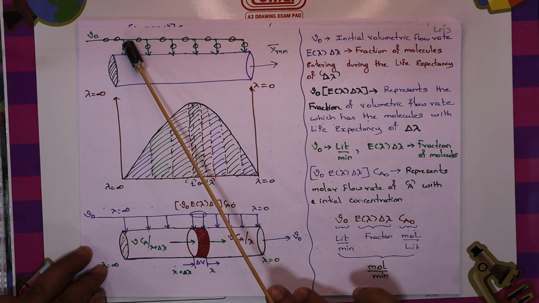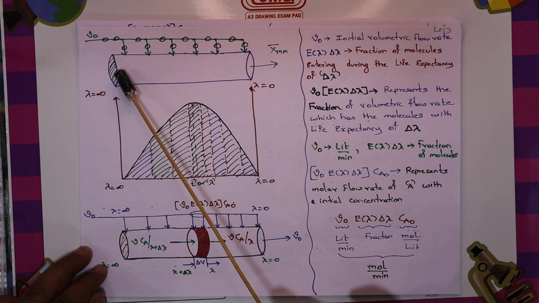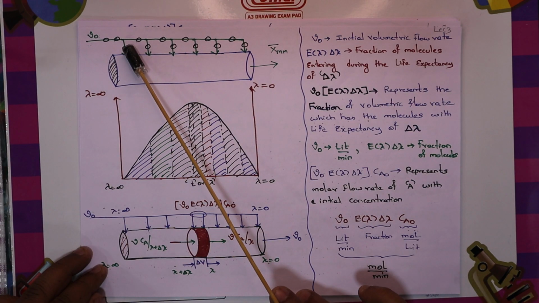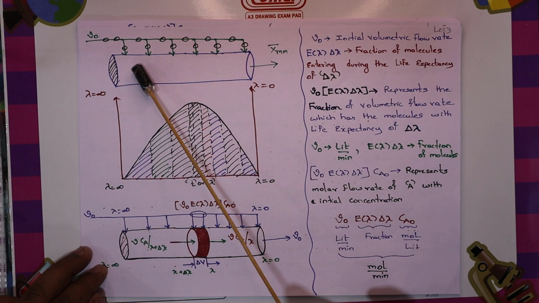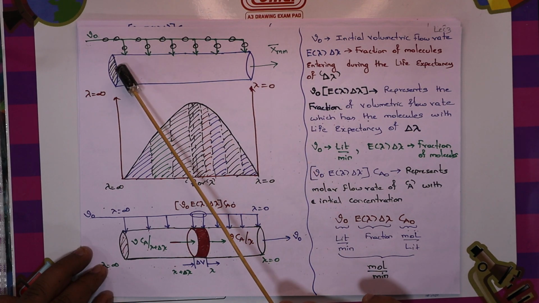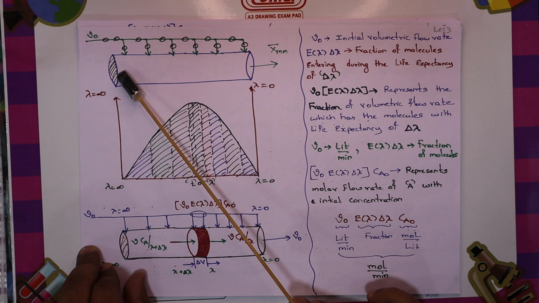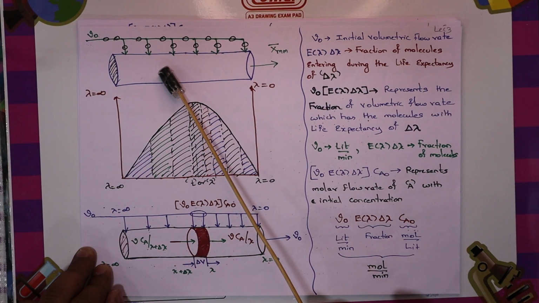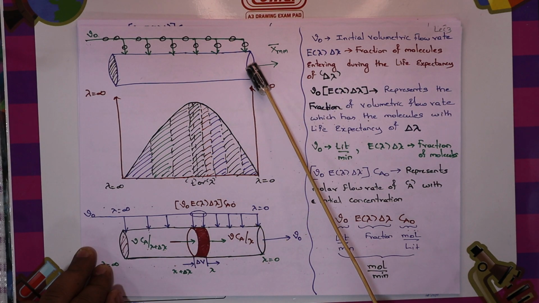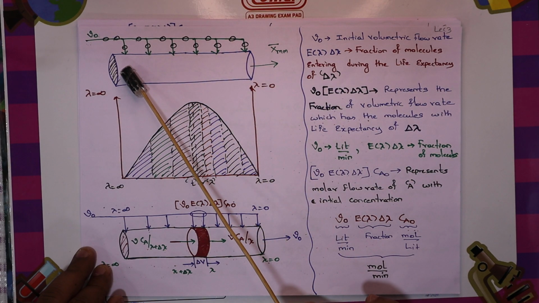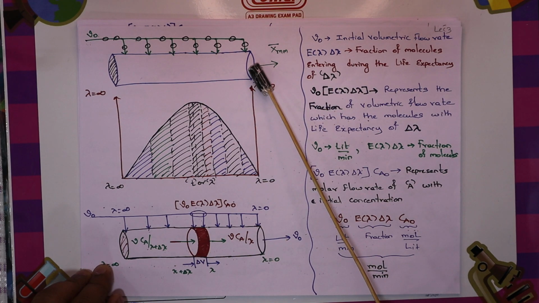Here, the molecules which have just entered need to travel through a long amount of time, so here the conversion is 0. As the molecules travel along the reactor, the conversion rises. That means at one end the conversion is 0 and at the other end the conversion is maximum.